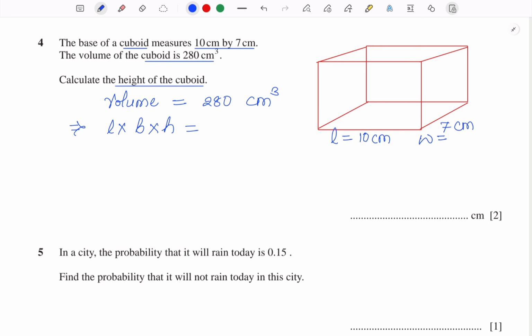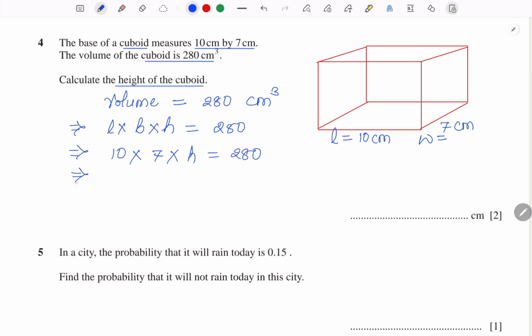So the volume of the cuboid is given as length times breadth or width times height, and that value will be equal to 280 from the question. Now we know that the length of this cuboid is 10 centimeters, the breadth or the width is 7 centimeters, and the height is unknown, the height is what we need to find.